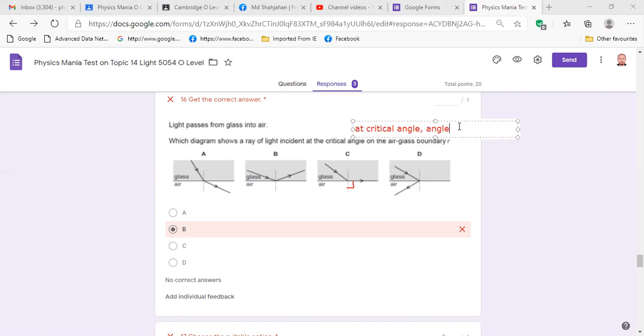Sometimes my brain reads the question too much. Okay, no problem, it is the first time. I think I just read the question as more than critical angle. My brain reads too much.